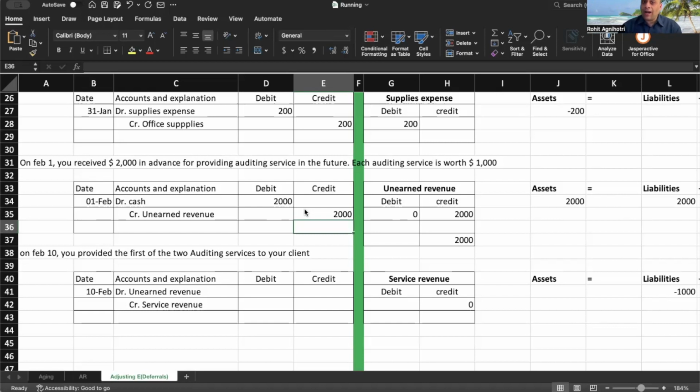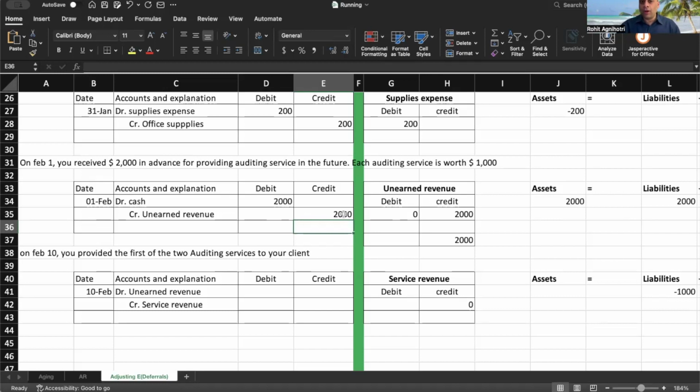So you will record unearned revenue, and unearned revenue is a liability. The reason why unearned revenue is a liability is because now, since you have accepted cash, it is your responsibility and it is your obligation to provide service to your customer. It's your obligation now. So it becomes your liability, your responsibility.